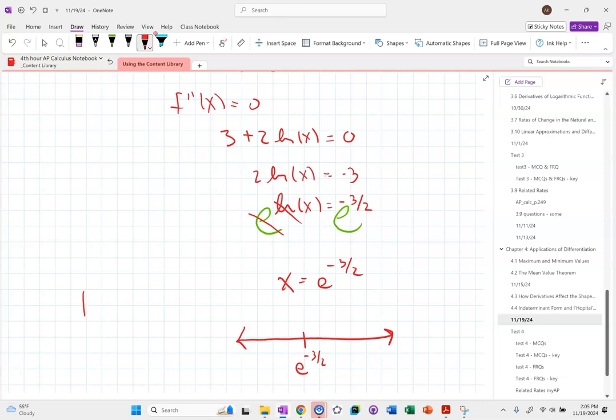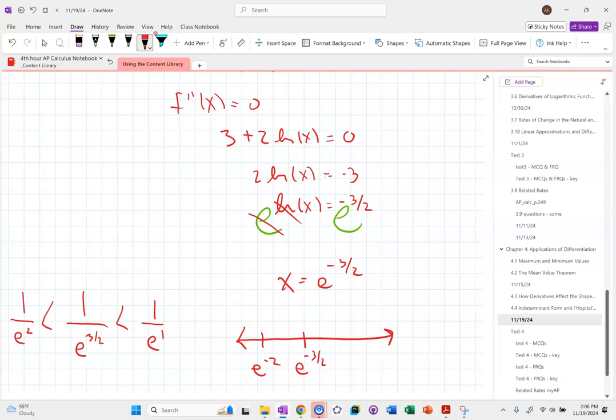So remember, this is going to be like 1 over e to the 3 halves, right? So I need a value that's smaller than that and bigger than that. A number that's smaller is going to have a bigger denominator. So let's just do 1 over e squared. And a bigger number is going to have a smaller denominator.